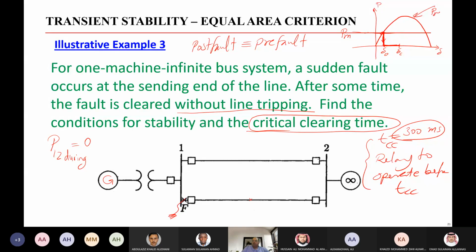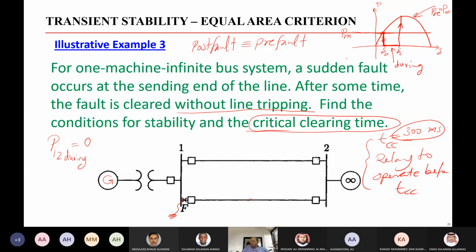This is pre-fault, and this is during the fault. And as we mentioned, Ramadan, in the pre-fault, it will move up to the curve again.